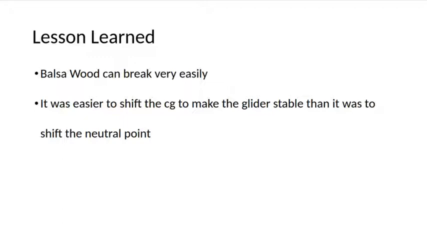And in reality, that is probably not the best thing to do because you're just adding unnecessary weight to your aircraft. But here it was a simple solution that we pursued.